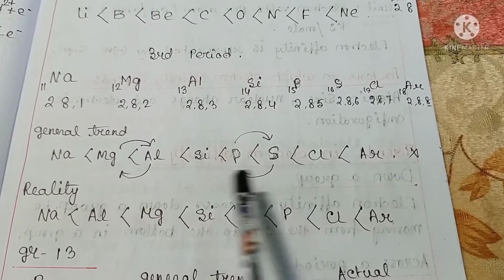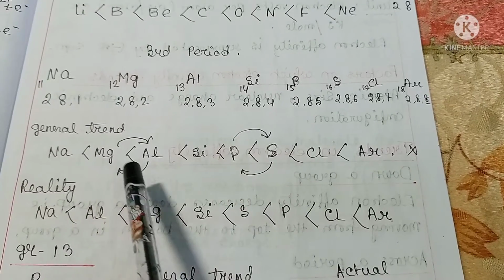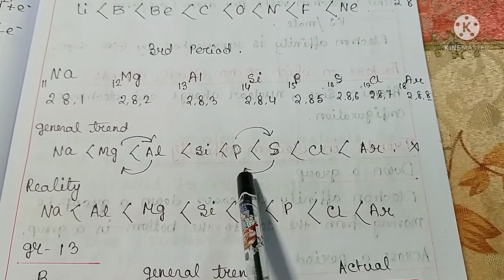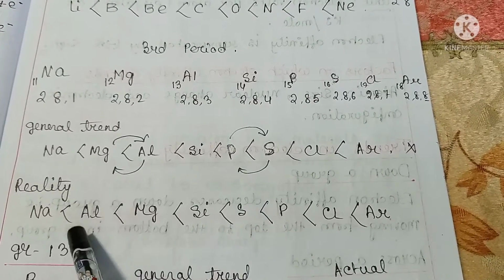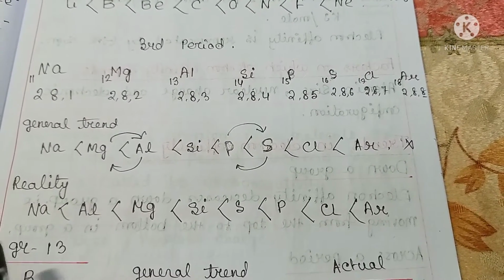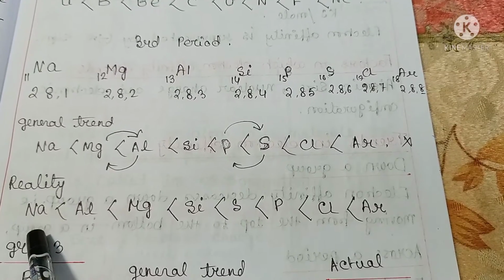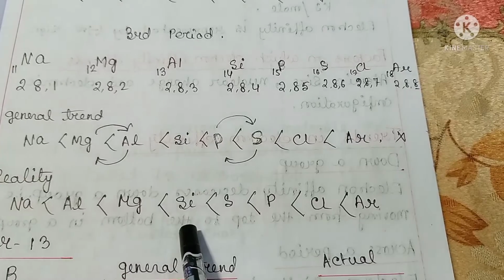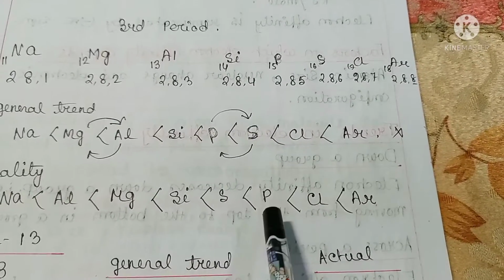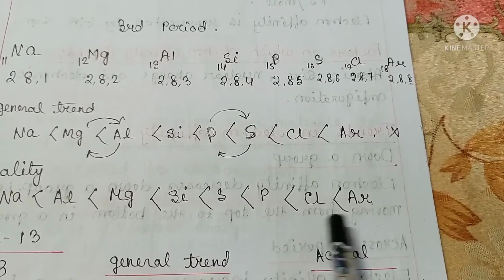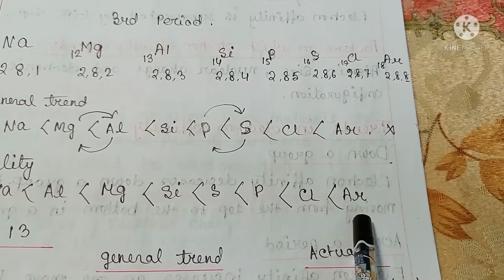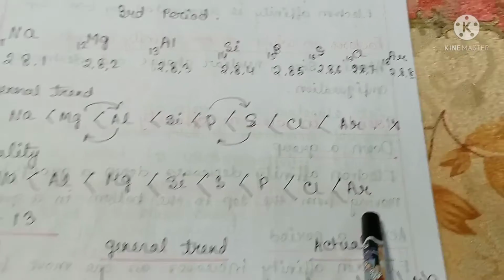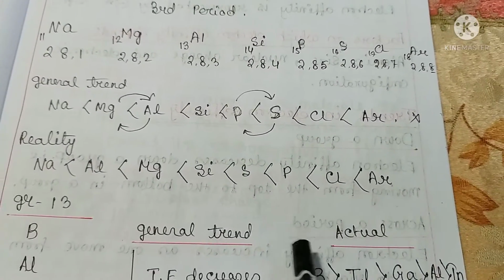So ionization energy of magnesium is more than aluminum and of phosphorus is more than sulfur. Therefore, in reality, ionization energy increases: first sodium, then aluminum, magnesium, silicon, sulfur, phosphorus, chlorine and argon. Argon has the highest ionization energy in third period due to stable electronic configuration.